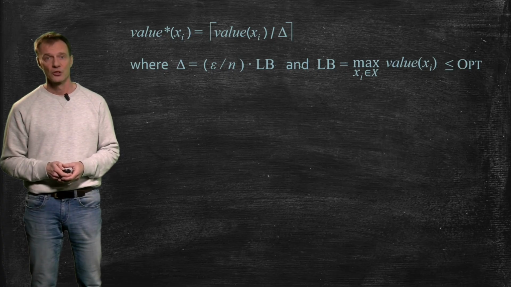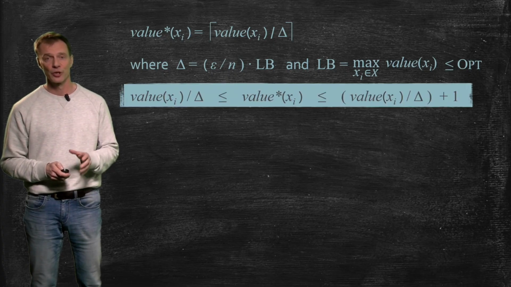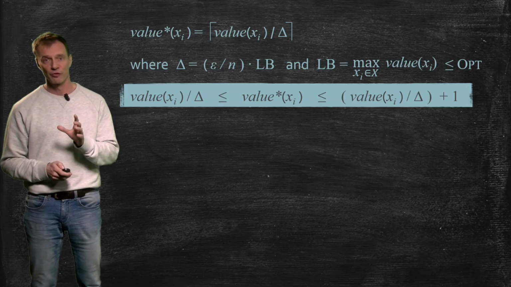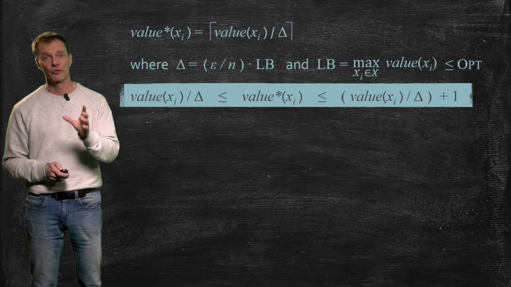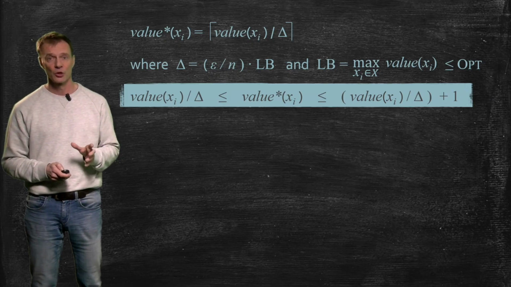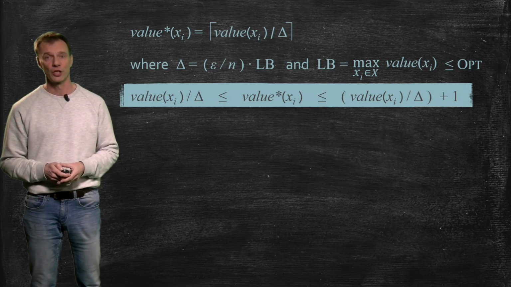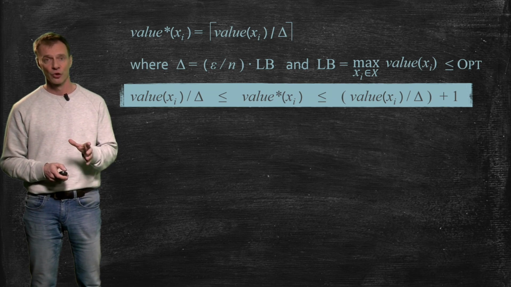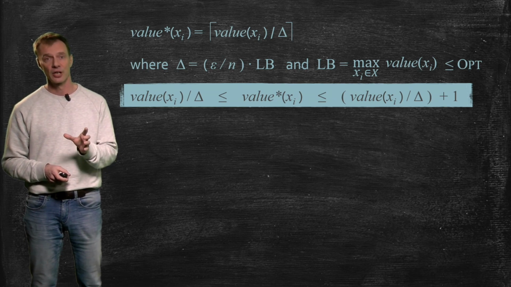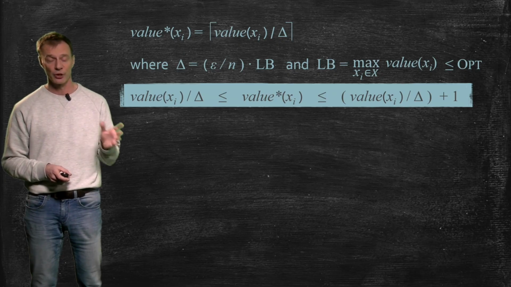Okay, so let's have a closer look at the relation between value and value star. Value star is value divided by delta rounded up. So we can derive the following two inequalities. First of all, because value star is value divided by delta rounded up, it's at least value divided by delta.